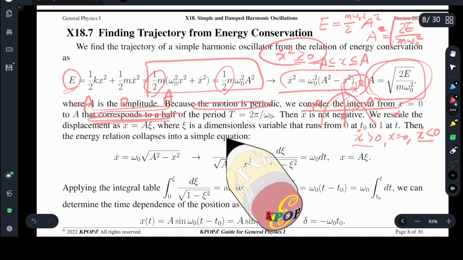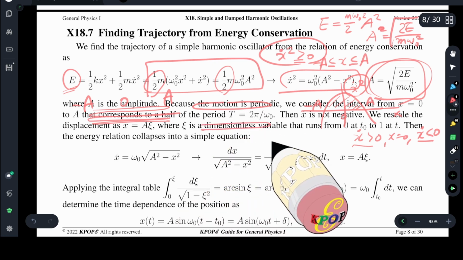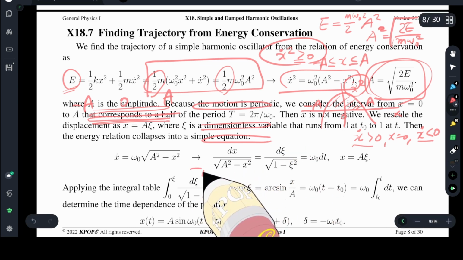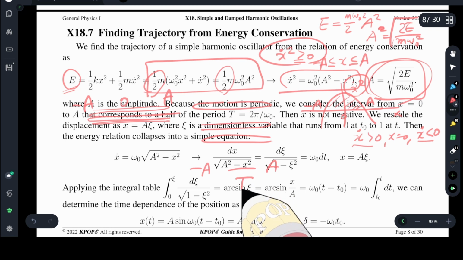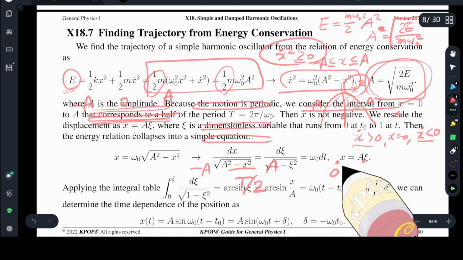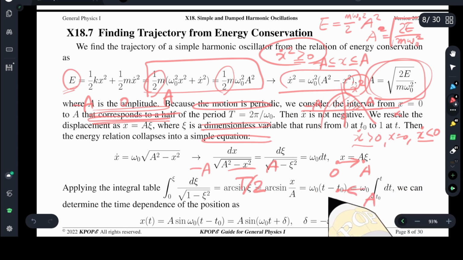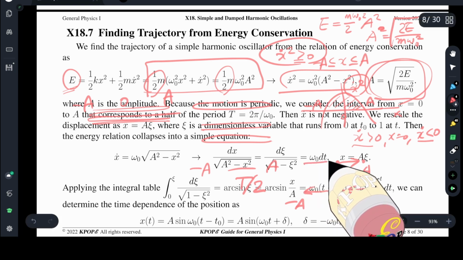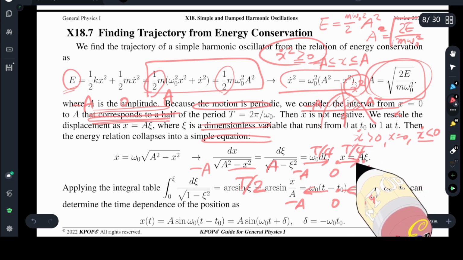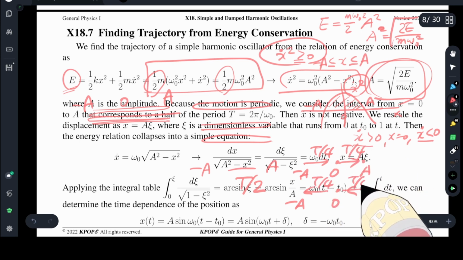This is a period. So from minus A to A, it is half a period, and from 0 to A, or A to 0, or 0 to minus A, or minus A to 0, they are all 1/4 of the period.